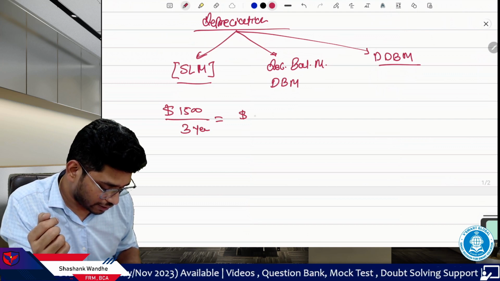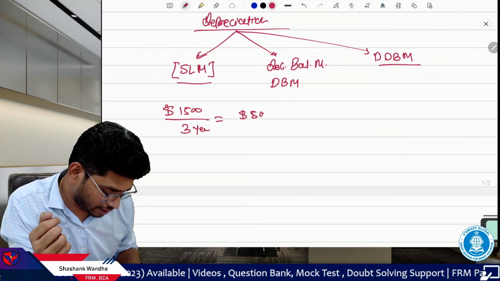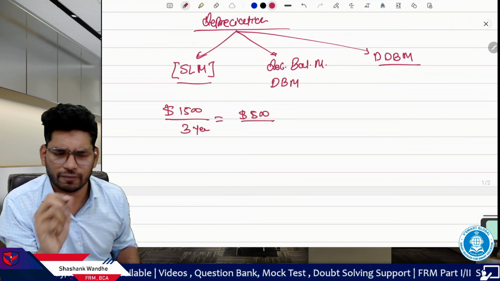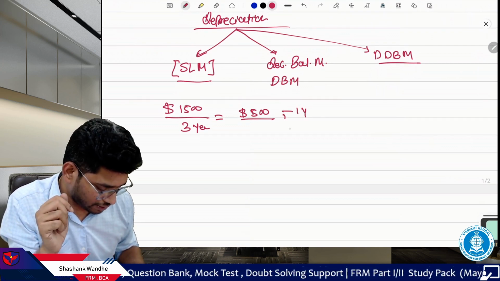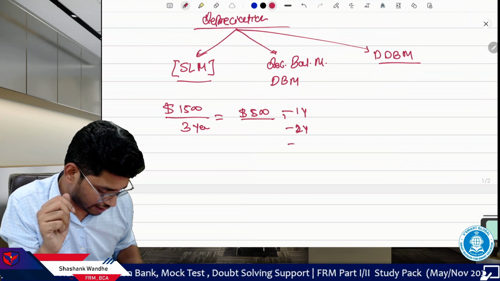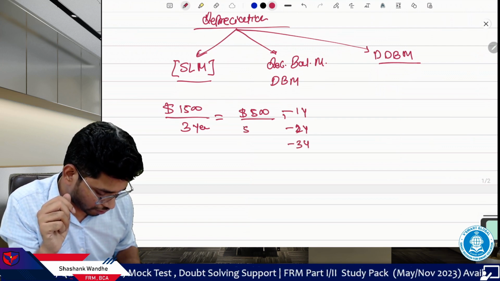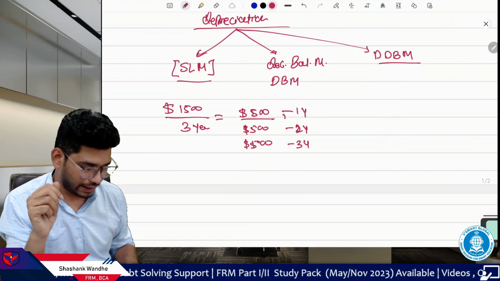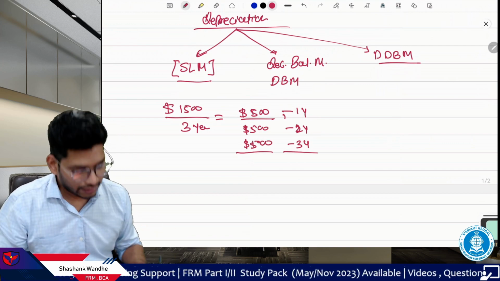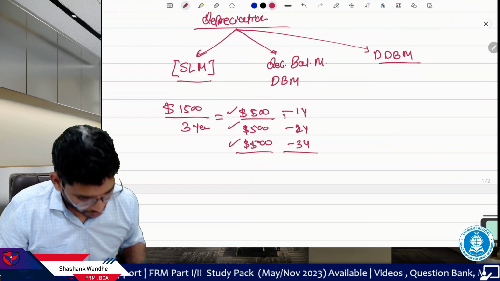So every year we will depreciate this laptop by $500. Very simple. This is for the first year, the same is applicable for the second year, and the same for the third year. So $500 and then $500 like this. Fine, very simple. So this amount is constant.